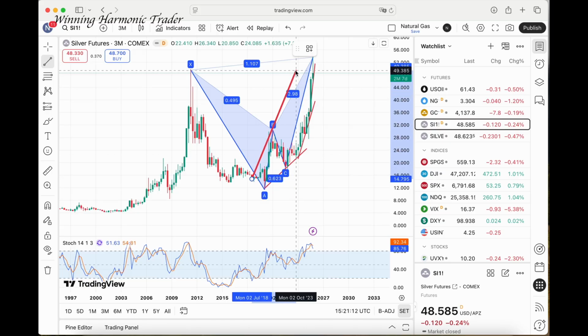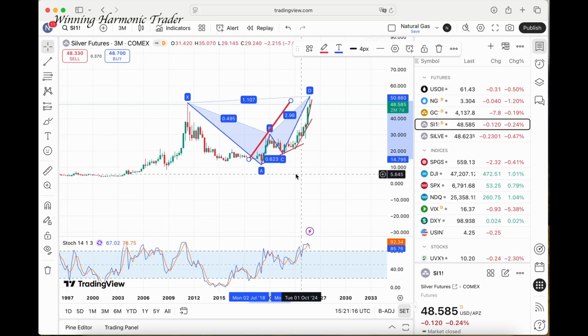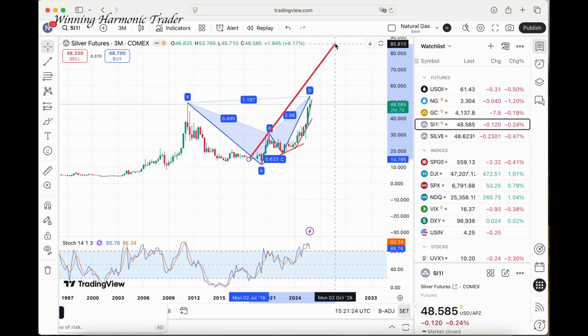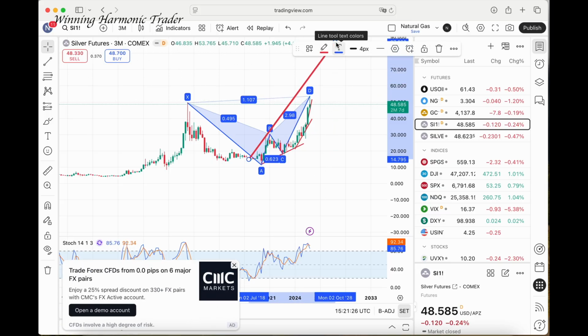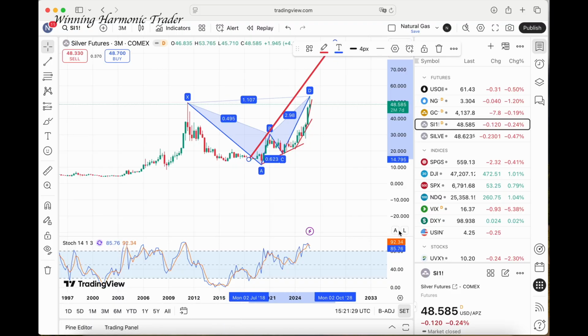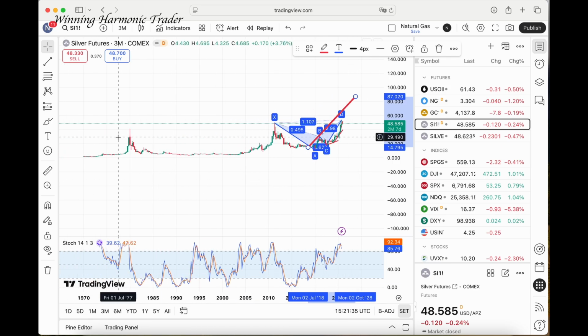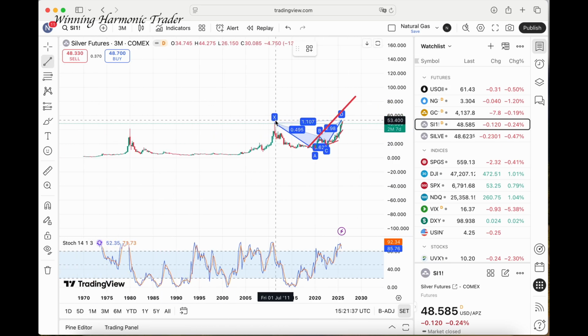Same idea, right? You find the lowest point and you find the second lowest point and find the first spike up and connect that line, right? This is the breakout line. And then you draw a channel, right? Parallel to that.